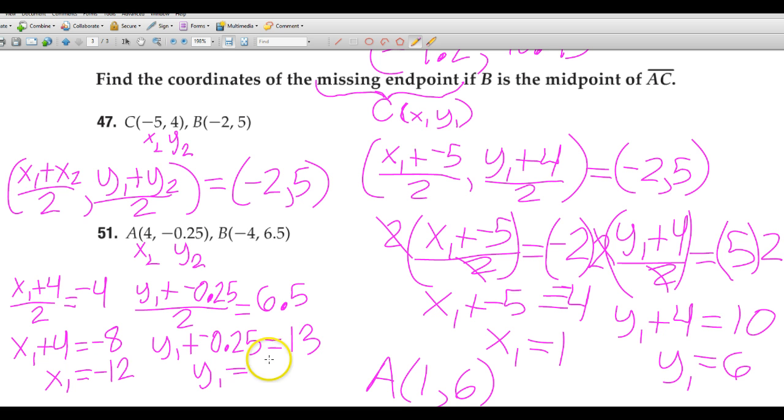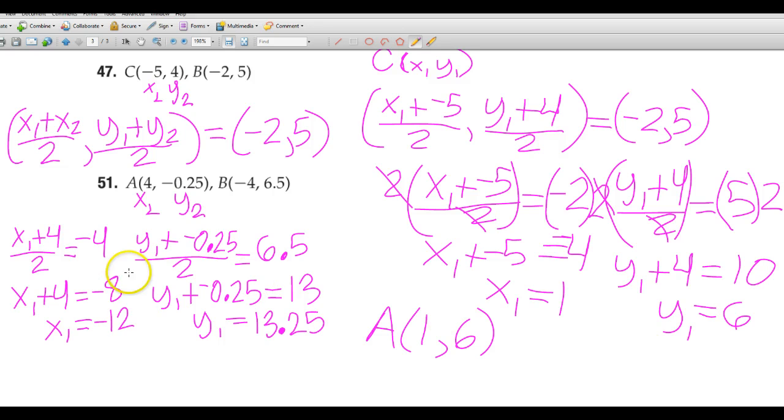And add 0.25. So there's the y-coordinate of the other endpoint. So my final answer is that.